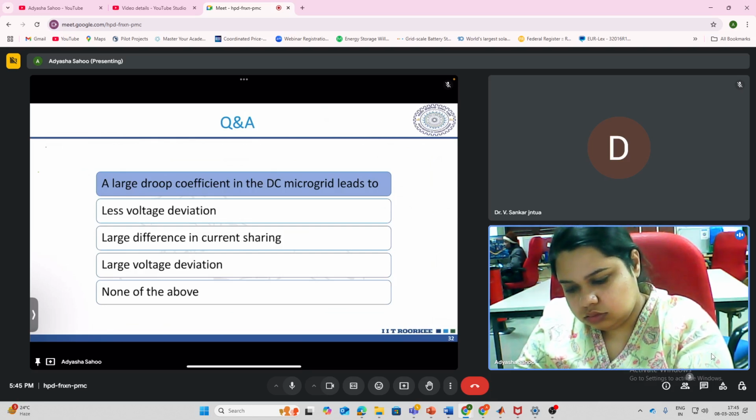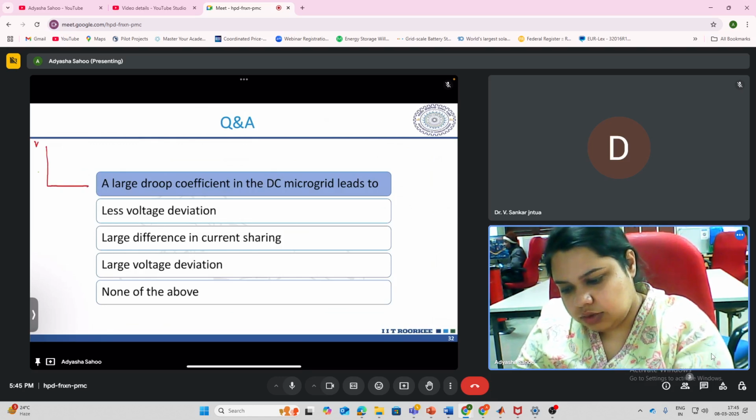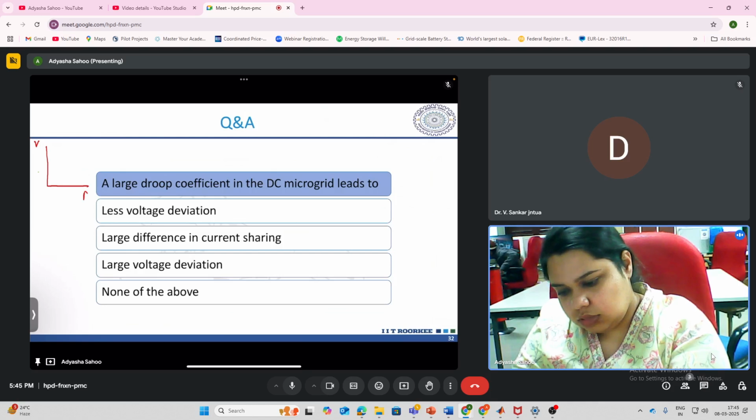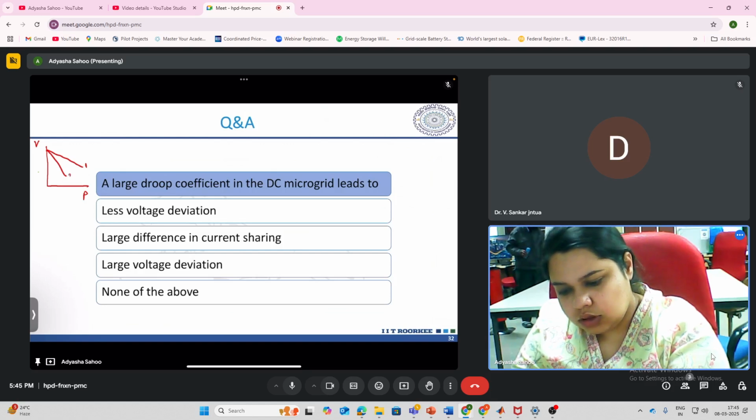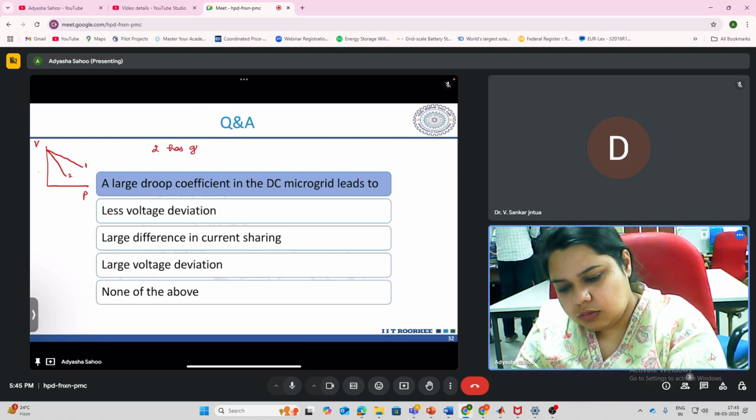Here, 2 has a larger droop coefficient than 1.